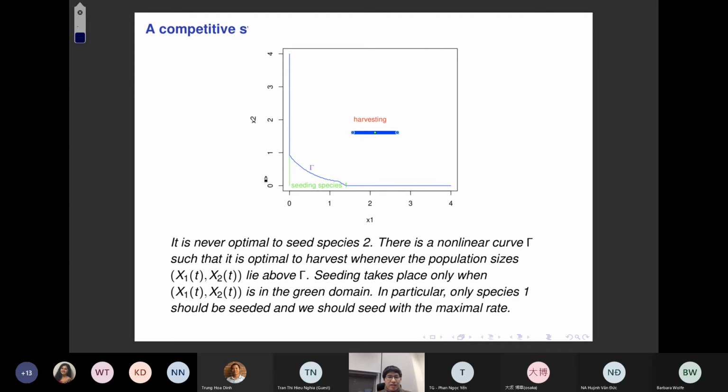We seed only in the green part, where we seed species 1, and for the other part below the curve, we don't do anything, just wait. We just seed species 1, not species 2, because in this case the system is in favor of species 1.